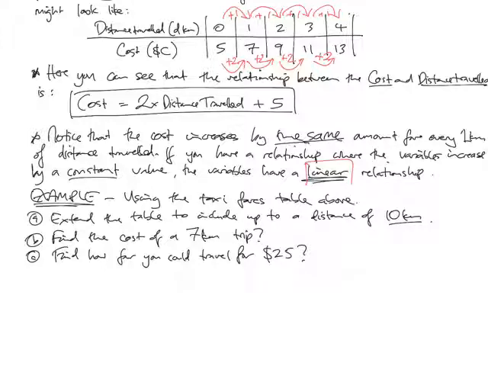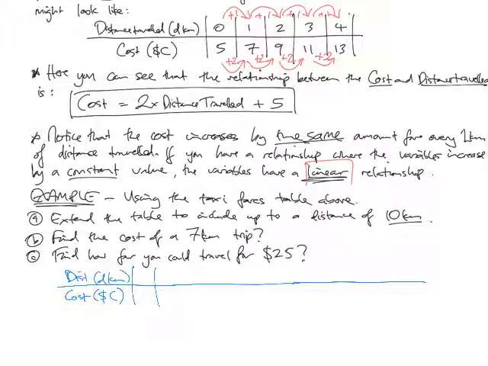A kind of question you might have to answer using the taxi fares table above. A, extend the table to include up to a distance of 10 kilometres. So I'm going to quickly redraw that table. Distance, D kilometres, and cost, $C, and I'm going to have to extend it to a distance of 10.